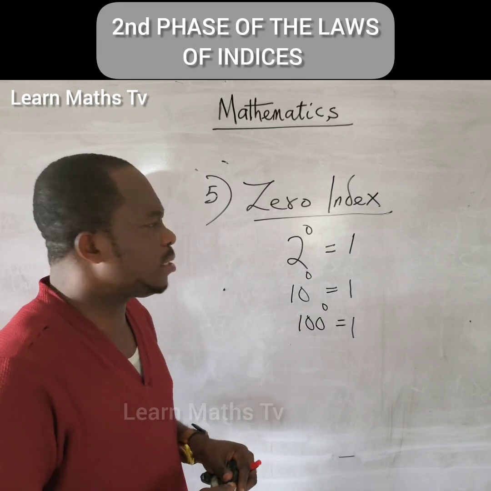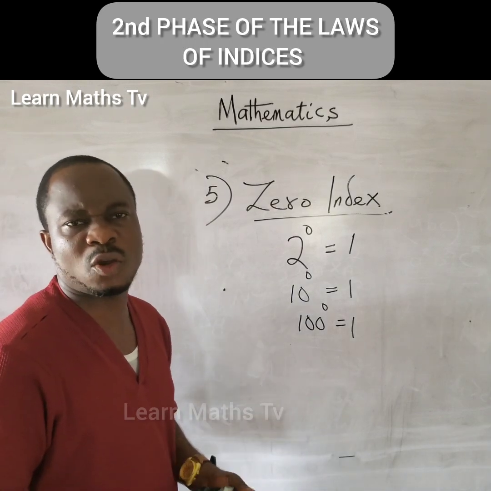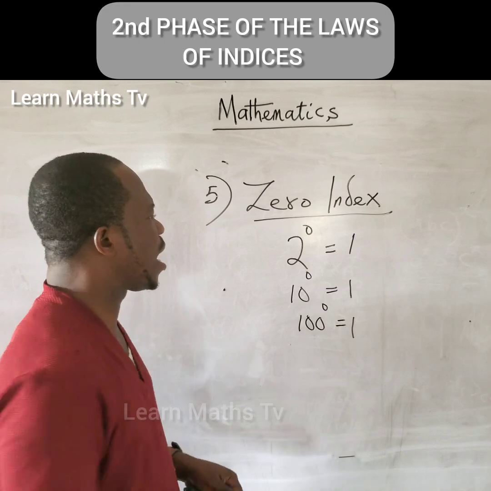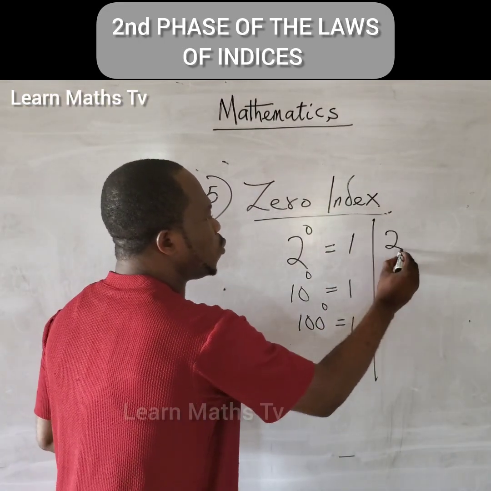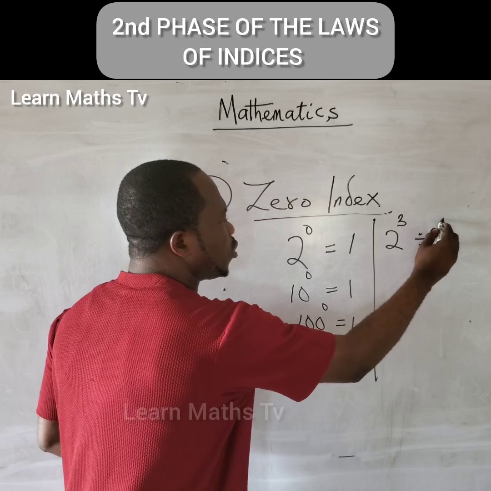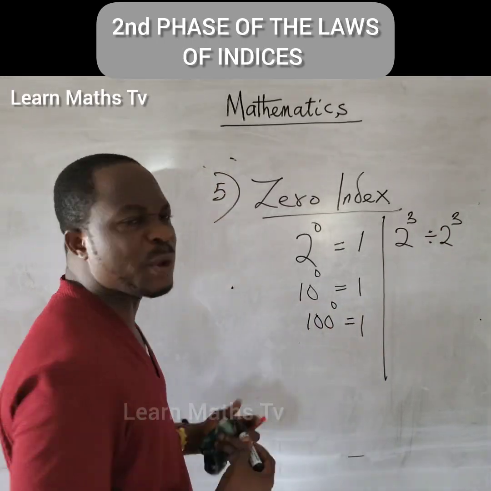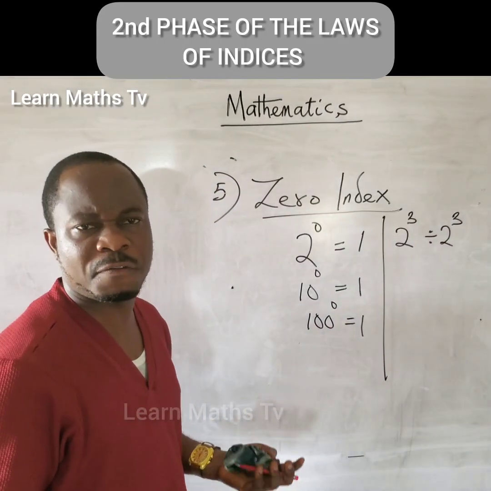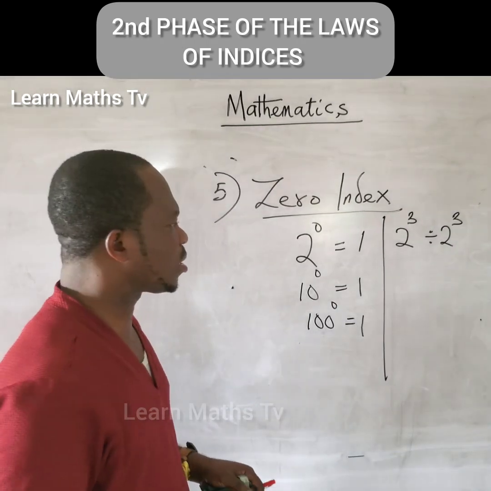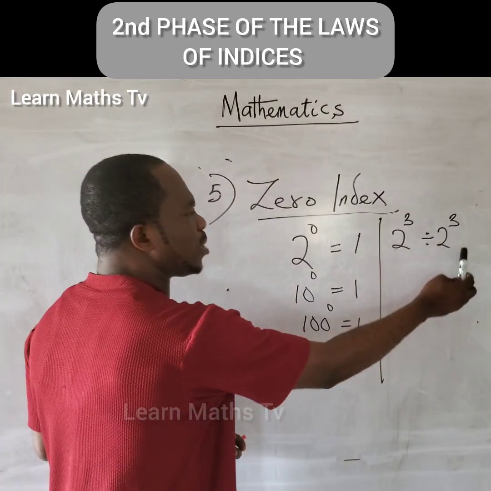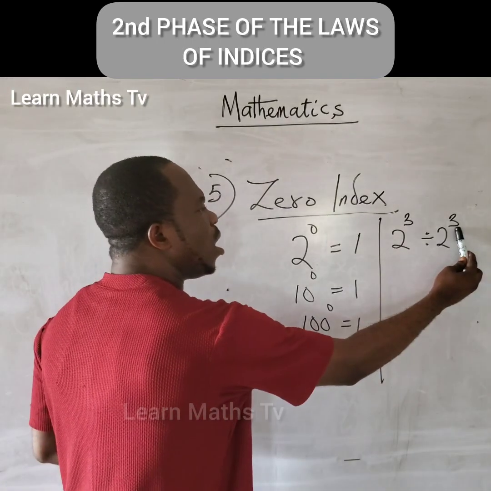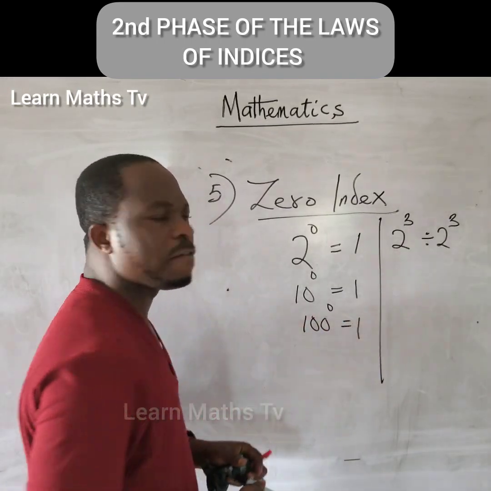I can further decide to employ the second law, which is the division law, and narrow it down to zero index. Let's say we have 2 raised to power 3 divided by 2 raised to power 3. Remembering our laws of indices, we will recall that the division law states that if a number is dividing another number of equal base, the divisor is subtracted from the dividend.